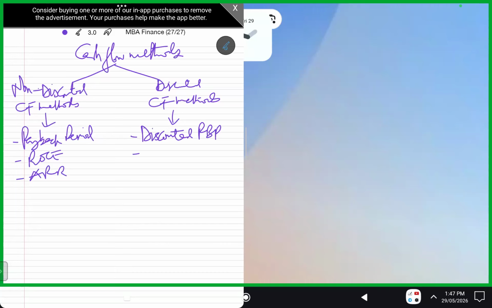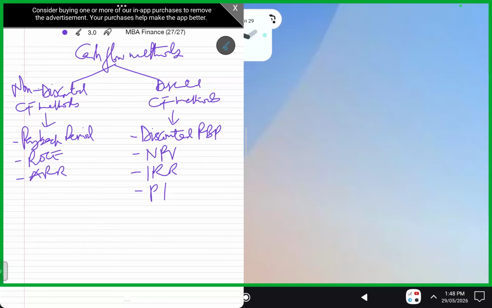Then we have the NPV, the IRR, and the PI, profitability index.